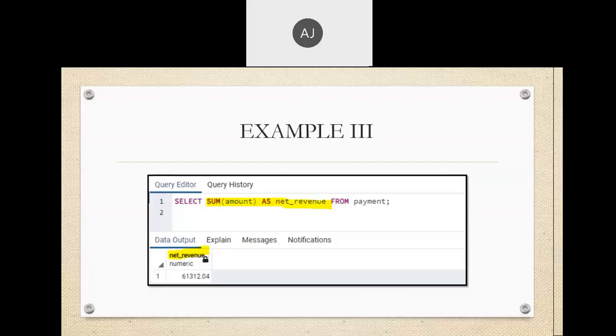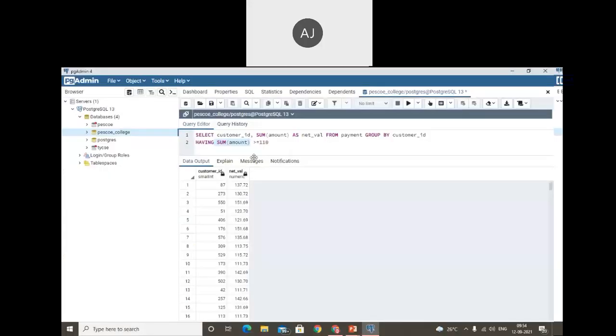So this is the example for that. Here I filter the output, and when I try to use this new name inside this condition, we get the error. So let's check one more time. Here I'm trying to check net value. What is net val?